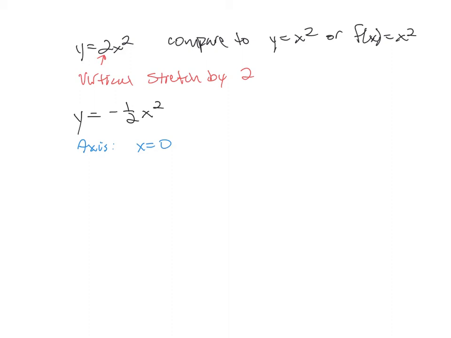And I also said the vertex, if there's nothing else after the x squared, which is true for all the problems today, 0 squared is 0, 0 times negative 1/2 is 0. For today, the vertex is 0, 0. I don't mind you just writing that down.